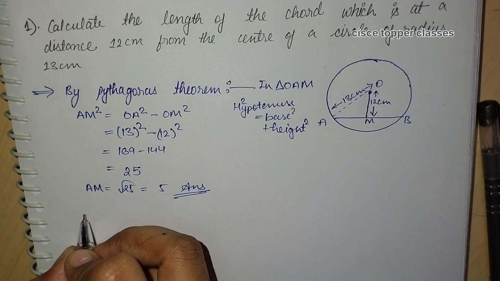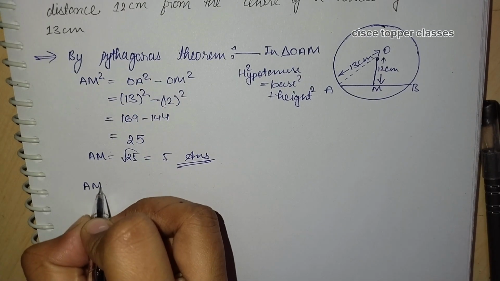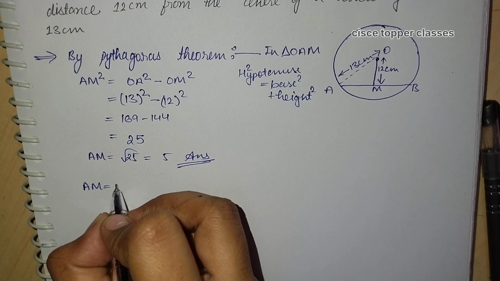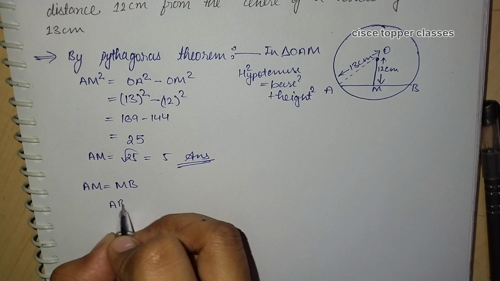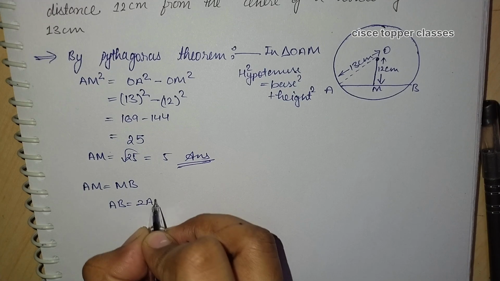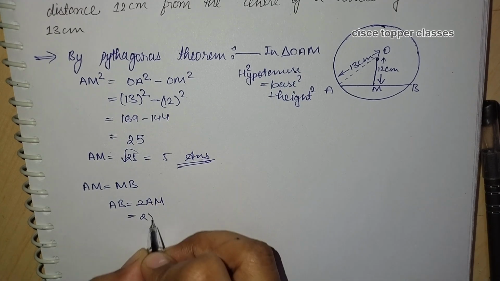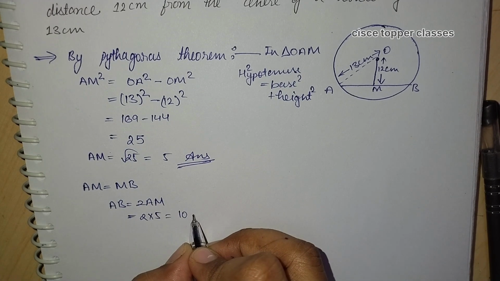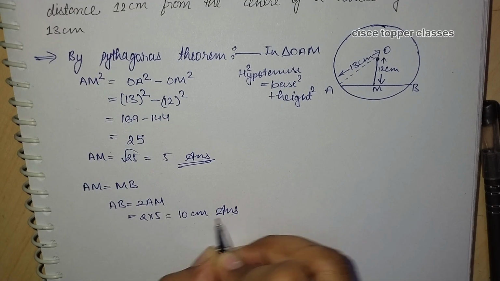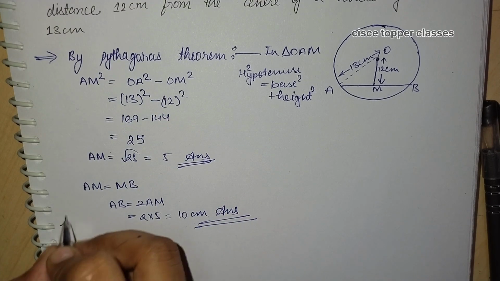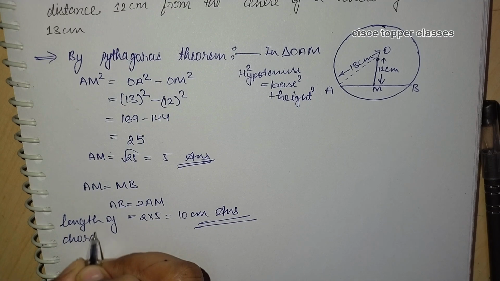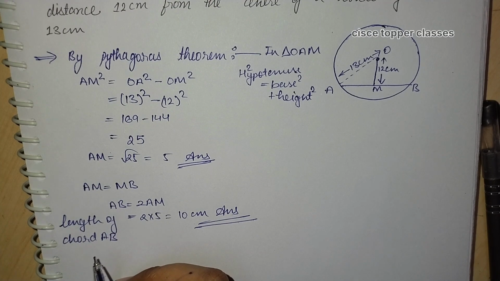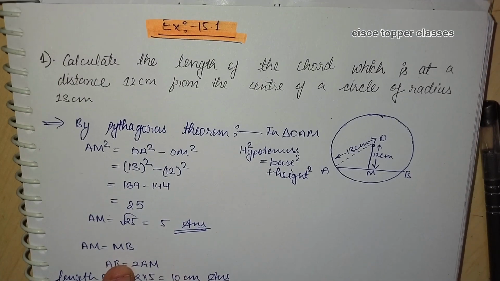So AM is equal to MB, means AB is equal to 2 AM. We will put the value of AM, 2 into 5 is 10 centimeter. So this is the final answer, the length of chord AB. This is the solution of the first question.